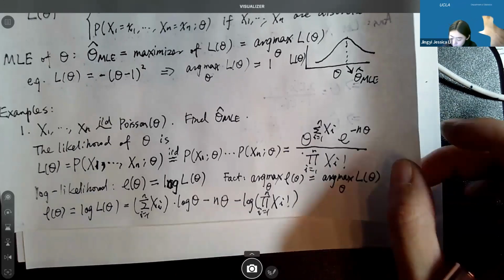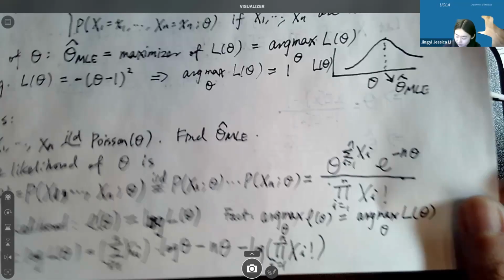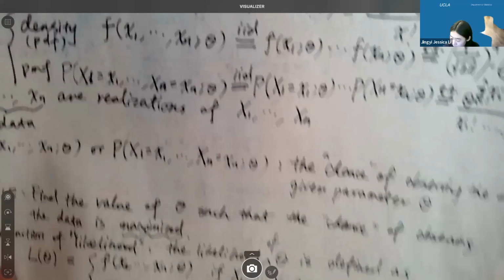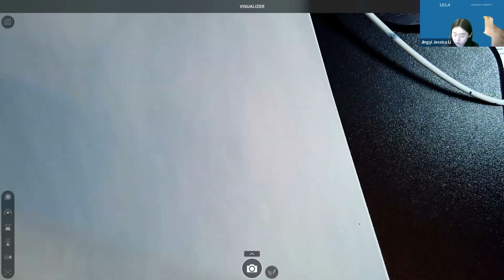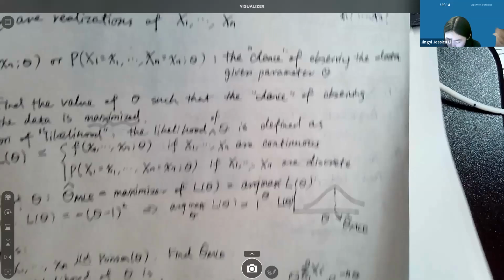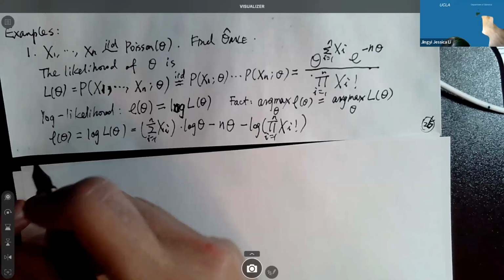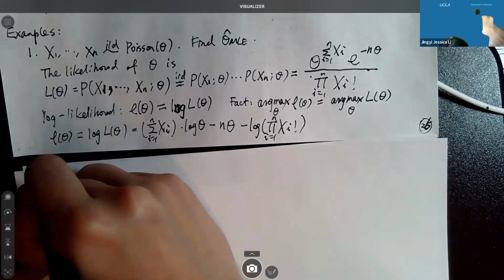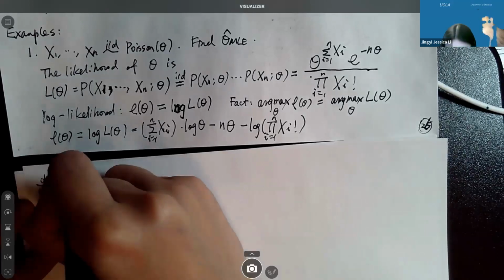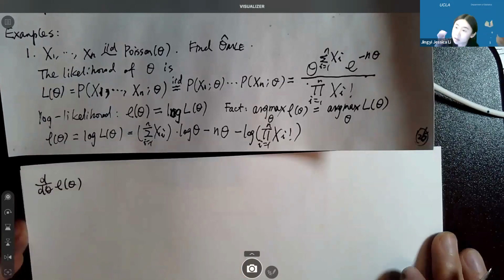So now let's do differentiation. First derivative: d theta of this log likelihood of theta. This is the thing we want to set to 0.